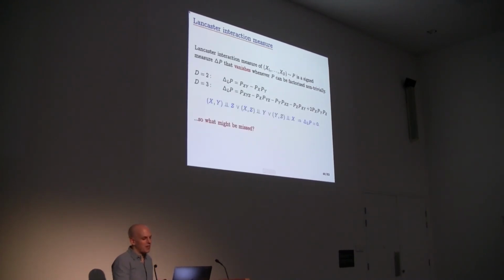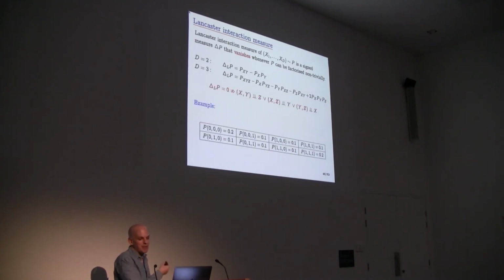So if any of these factorizations occur, z breaks off xy, y breaks off xz, etc., then this is 0. What might be missed, unfortunately, is that if this is 0, it doesn't imply factorization. I can create a distribution which is completely dependent, and yet this is 0.